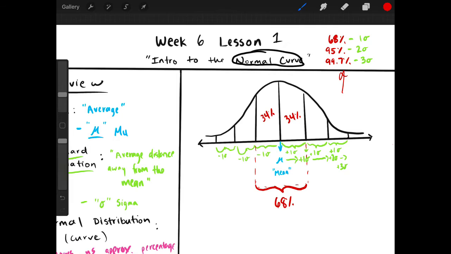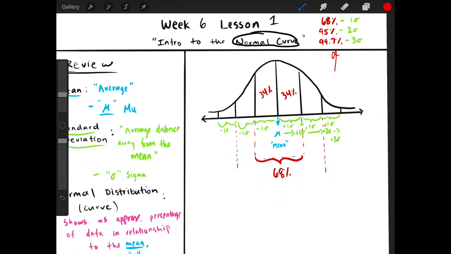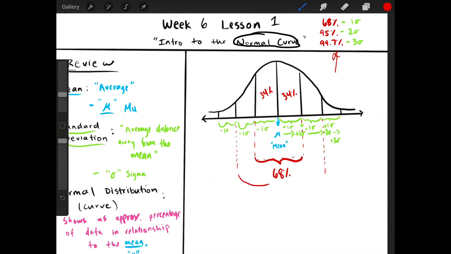Now, we go out one more step, right? Now we're jumping out to this level, which is 2 standard deviations. Again, from this empirical rule, we know if it's a normal distribution, 95% of our data should lie within 2 standard deviations. So the challenge is we want to figure out what percentages we're going to put here.